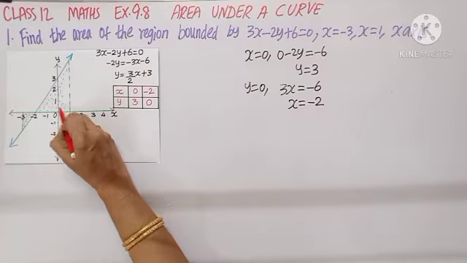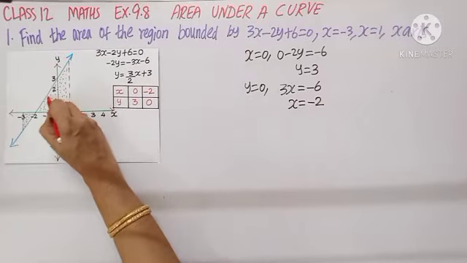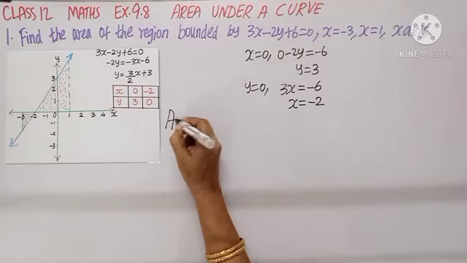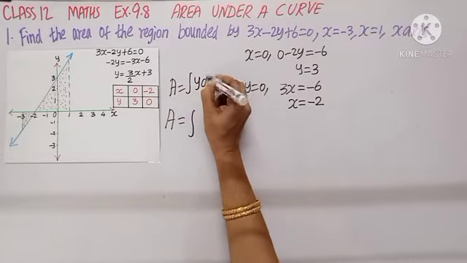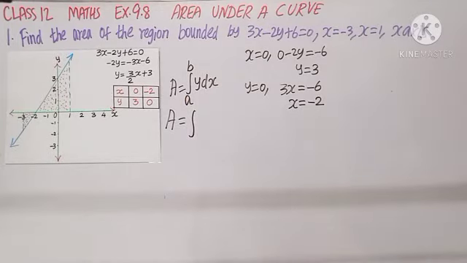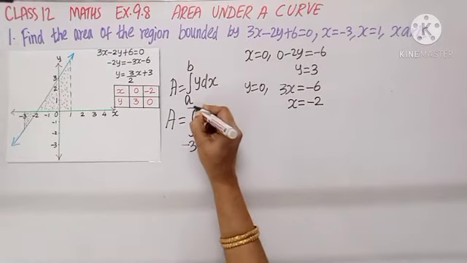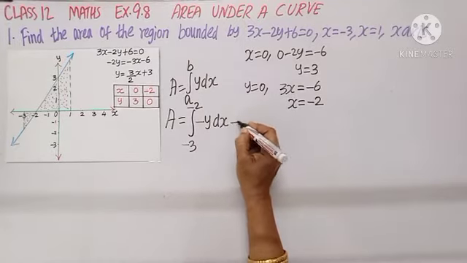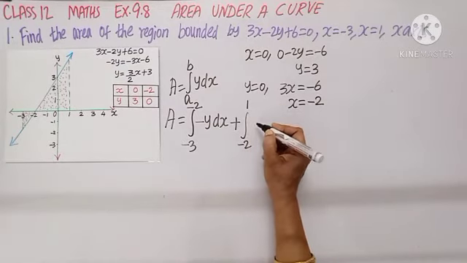When it is below, minus y dx, and when it is above, it is plus y dx. So let us write the formula. Required area is integral. We know in general area is integral y dx between the limits a to b. But in this question, minus 3 to minus 2, it is below x-axis, so minus y dx, plus minus 2 to 1, it is above x-axis.